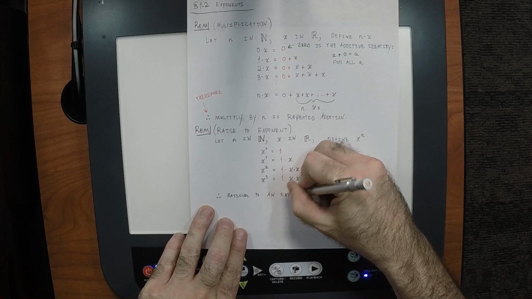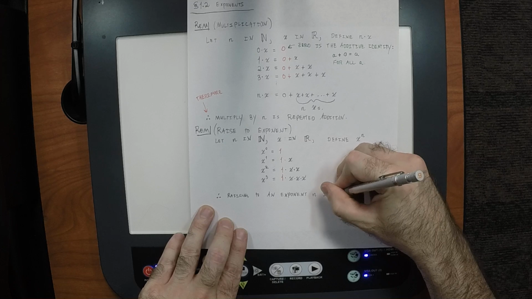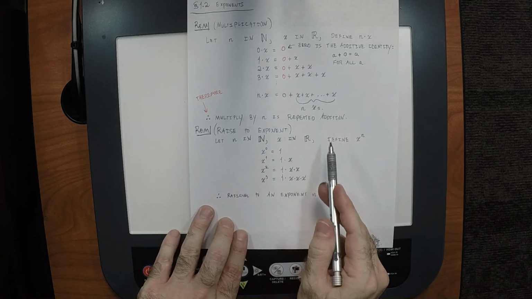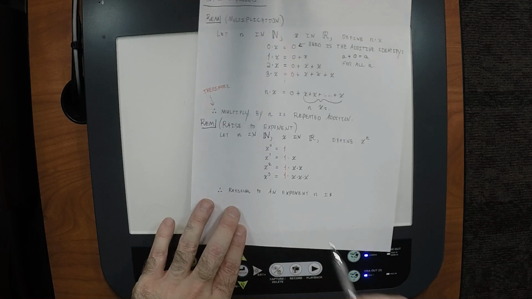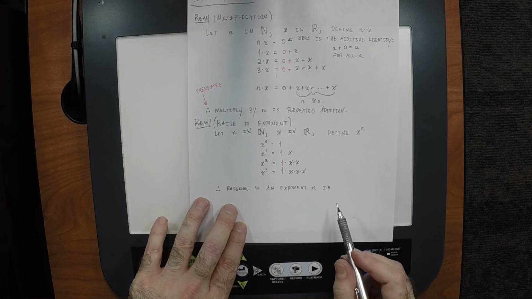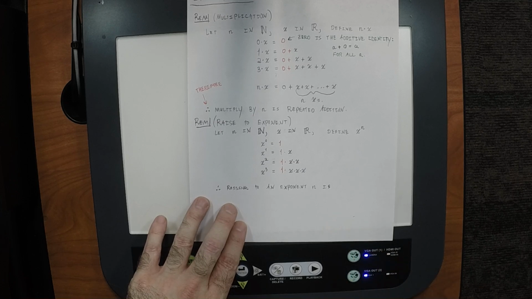Raising to an exponent n is, so by analogy, if multiply by n is repeated addition, then raising to exponent n is what? Repeated multiplication.